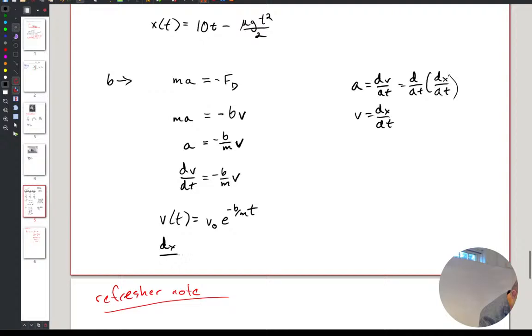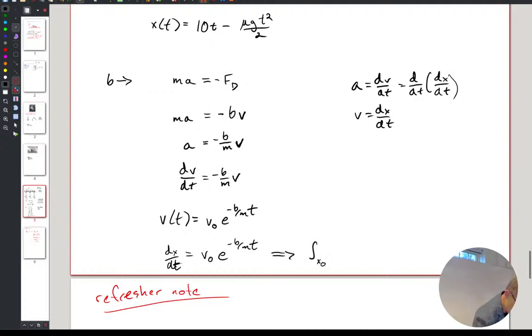So I can plug in again, dx/dt is v0 e to the negative b over m t. And do the same kind of process, right?